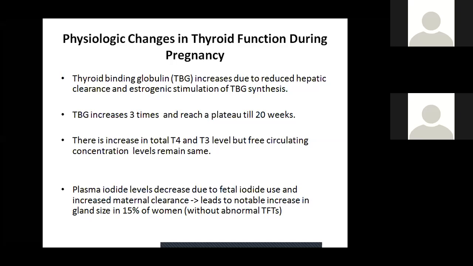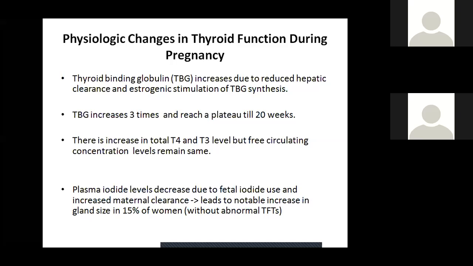So it means that the biologically active thyroid hormone, that is free T3 and T4, is the same, but the total T4 and T3 increase along with the thyroid binding globulin. As the level increases, more will bind to the thyroid binding globulin, and the free T3, T4 will remain the same. The thyroid binding globulin increases 3 times and reaches a plateau by 20 weeks.